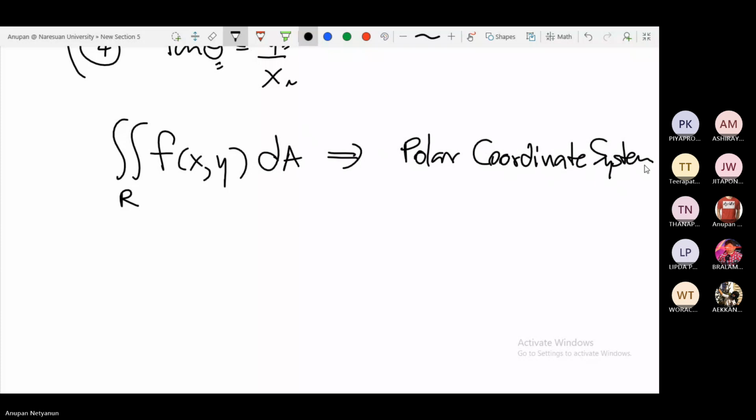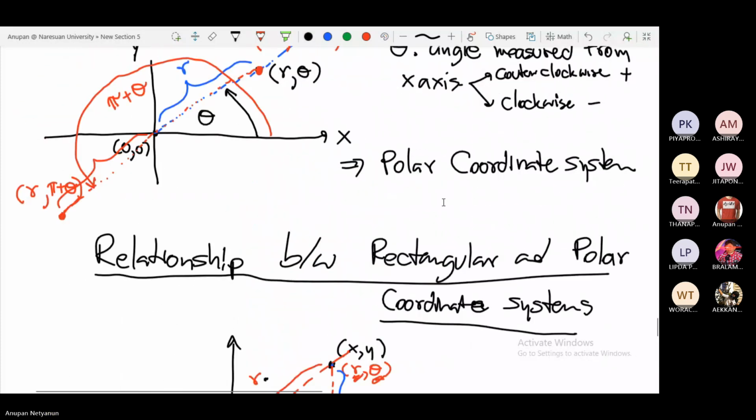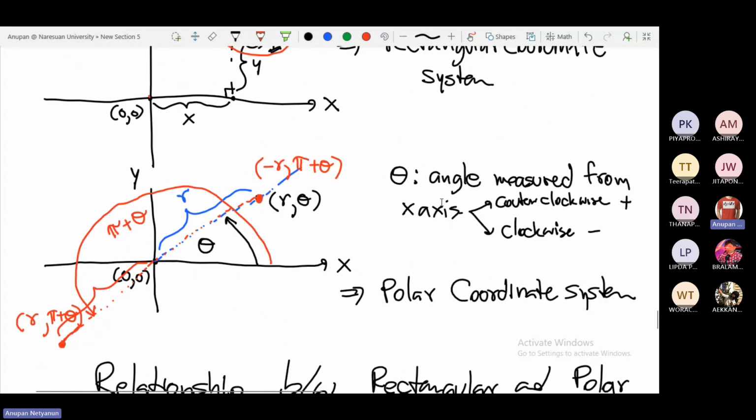Let me show you this first: when I talk about the polar system, it's about the angle. When you think about measuring an angle like this, you might think about something that is a smooth curve, something round like a circle.